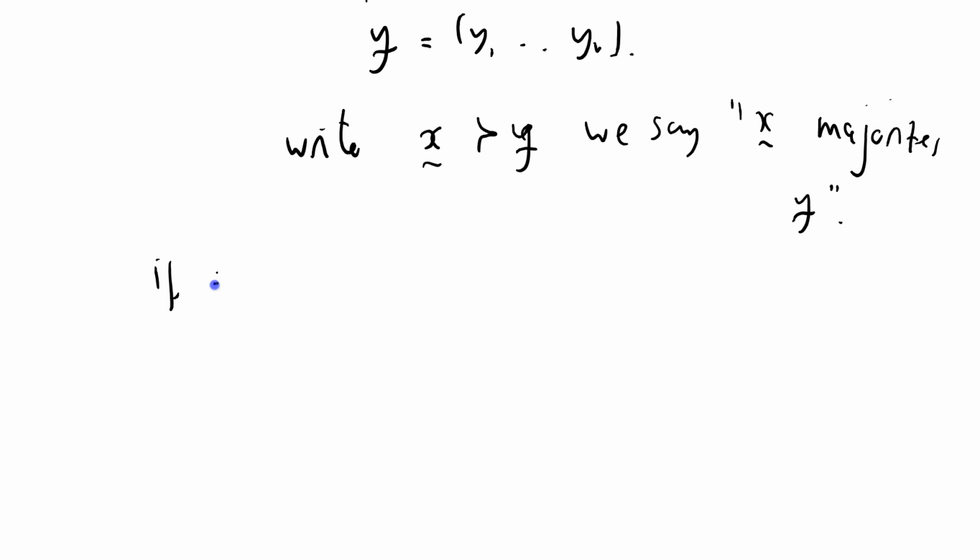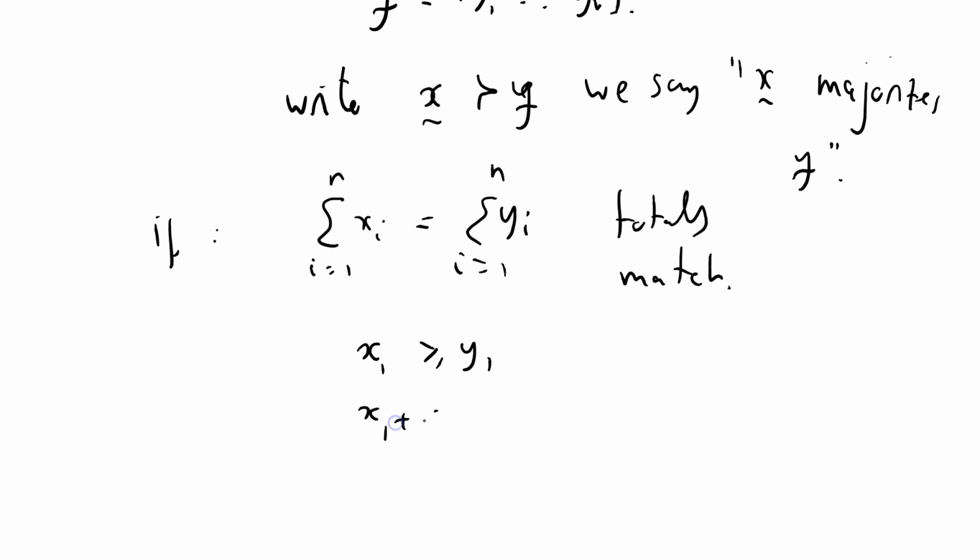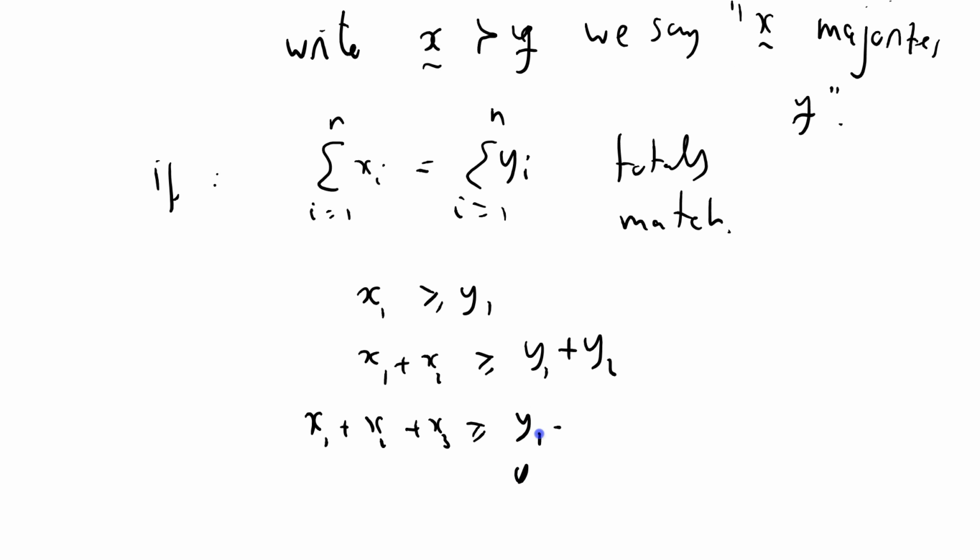if the following. Well, first of all, the totals have to match, the sum of xi equals the sum of yi. But we've also got the following system of inequalities as well. We know that x1 has got to be greater than or equal to y1, x1 plus x2 greater than or equal to y1 plus y2, x1 plus x2 plus x3 greater than or equal to y1 plus y2 plus y3, and so on.